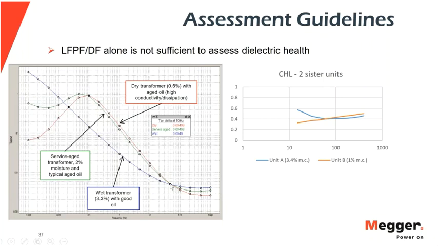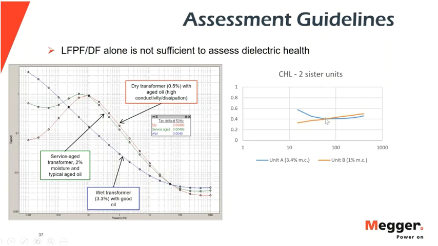So okay, we're at 0.5%. It's probably not going to be a good end to my story because it's pushing that upper level of power factor. But the point here is that you've got 3 transformers that are in quite different condition. So you really are limited with the knowledge that you have by just looking at the line frequency power factor.